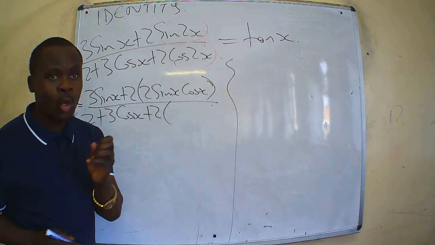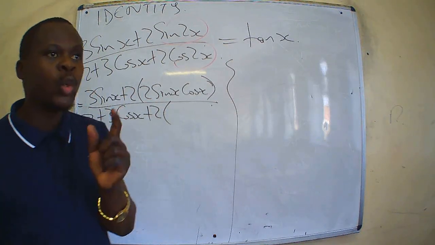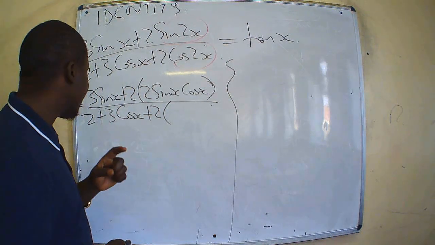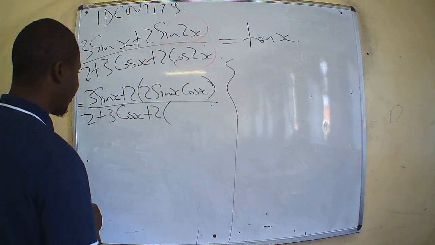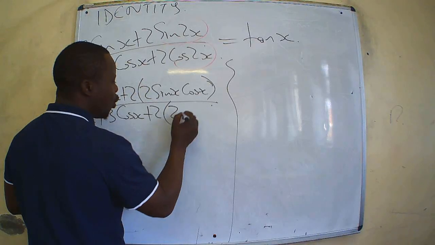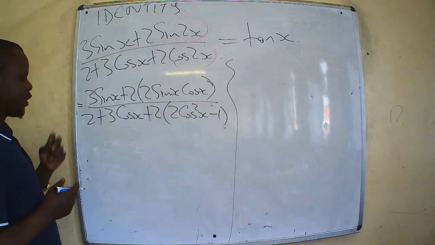Cosine has 3 double angles, so let us be vigilant and choose the one that eliminates unnecessary information: 2 cosine squared x minus 1. We use this double angle.